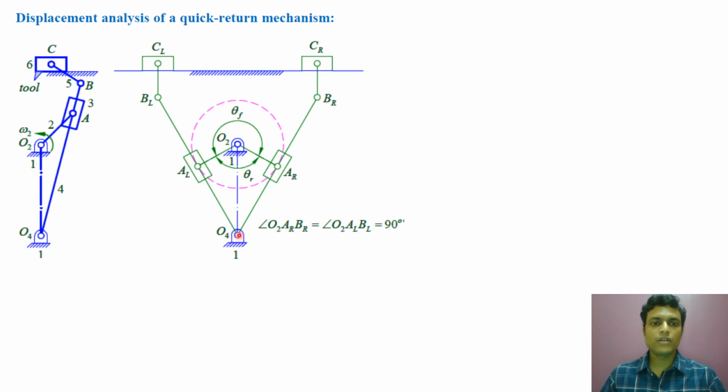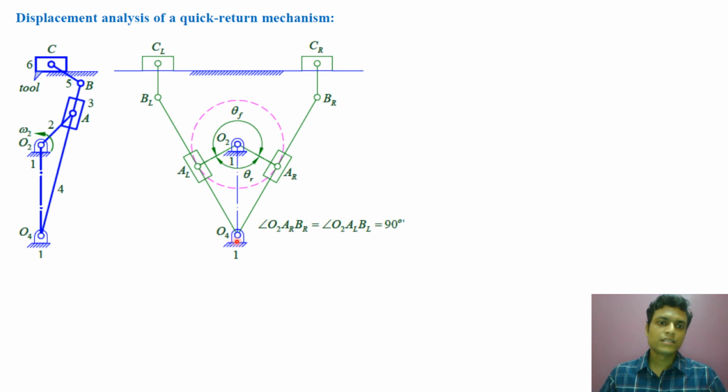Now we will draw a tangent from O4 to this circle, with the length of link number 4. So the extreme right position of the slotted link has been represented by O4BR. BR represents the right, subscript R denotes the rightmost position. So O4BR is the extreme right position of this slotted arm, link number 4.